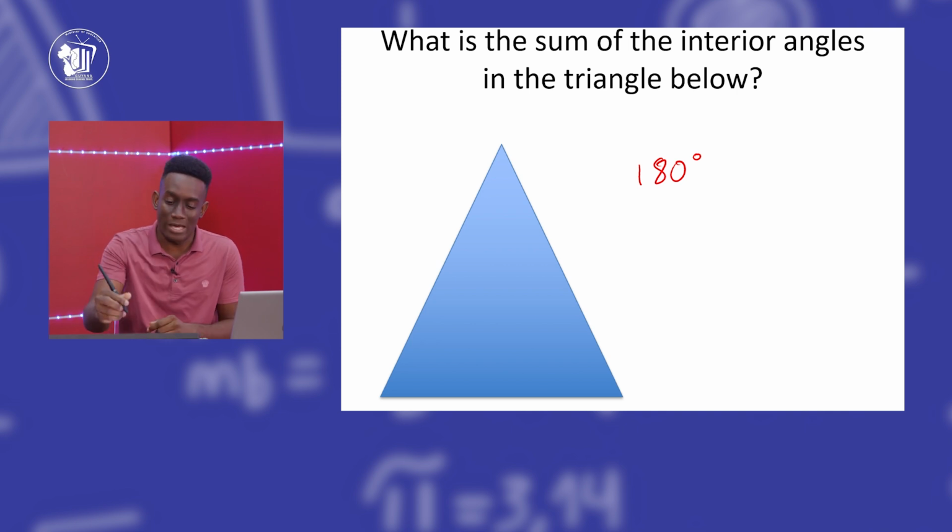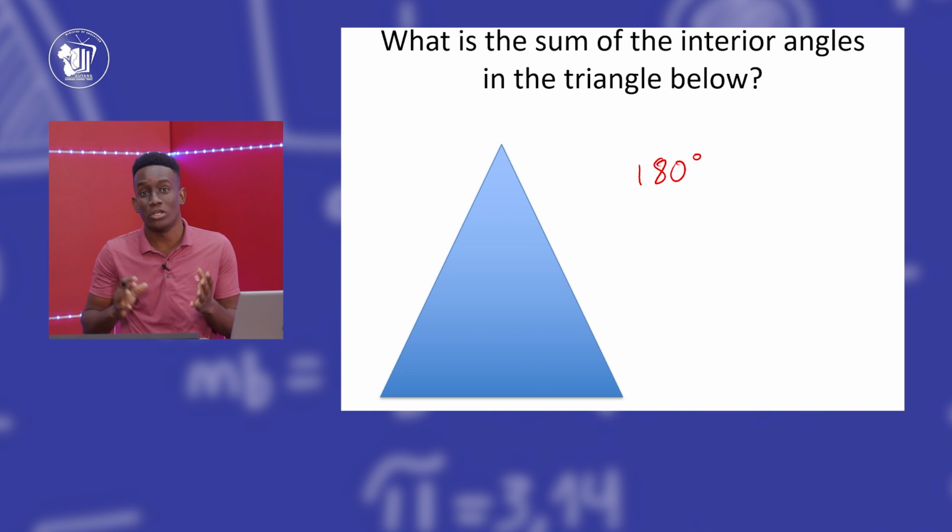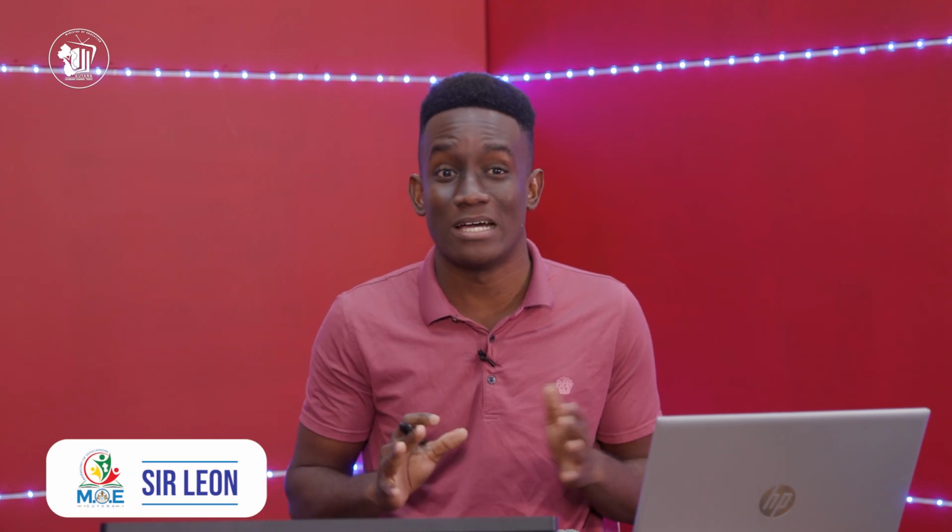This means when we add up all of the angles in a triangle, we will get 180 degrees. And this applies for all the different types of triangles. So regardless of the type, as long as you add up the angles, you will get 180. Whether it's an equilateral, an isosceles, a right angle, a scalene, when you add up all of these angles, you will get 180 degrees.